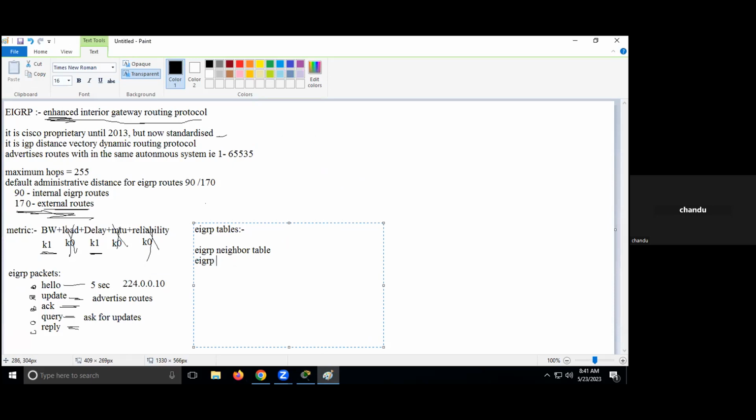AHRP maintains the best path and the backup path. The topology is called the AHRP topology table.